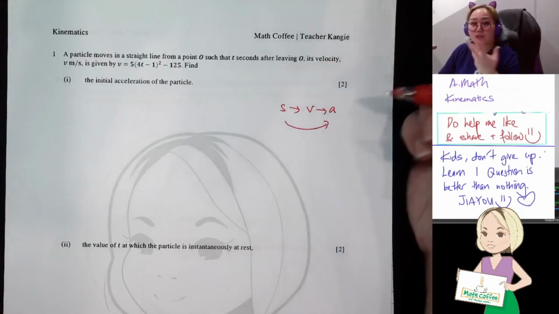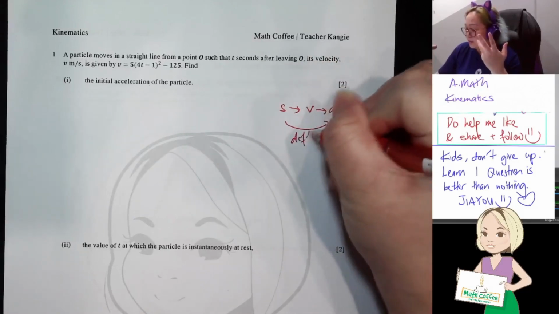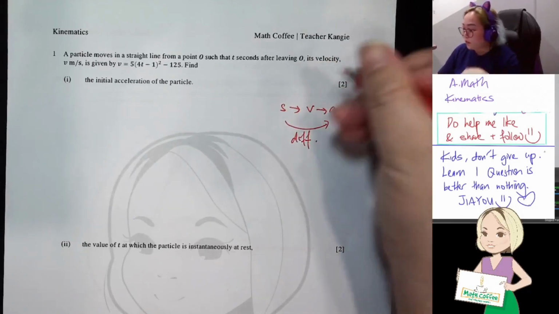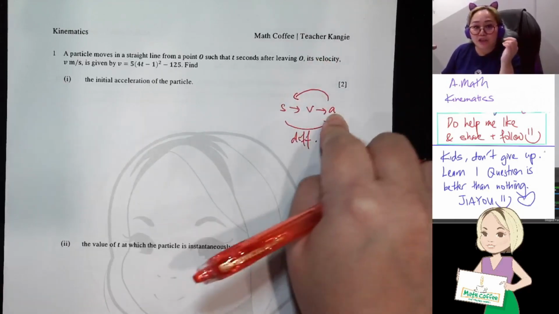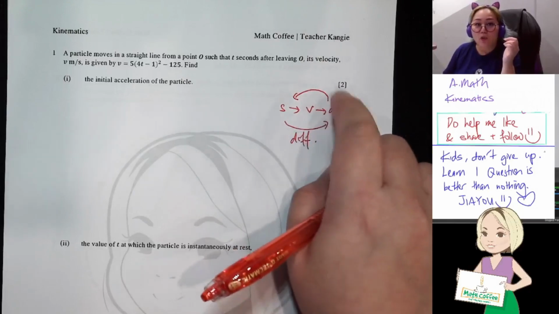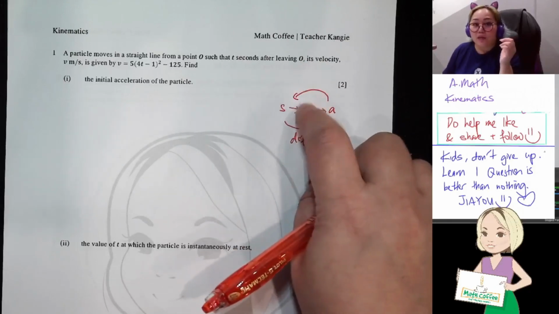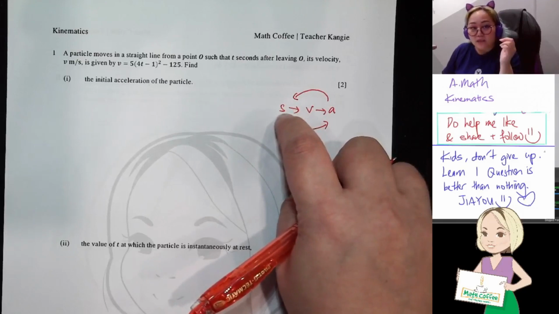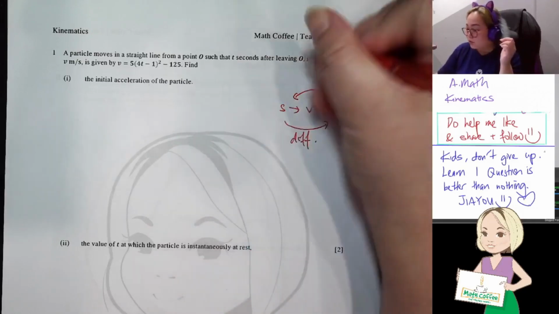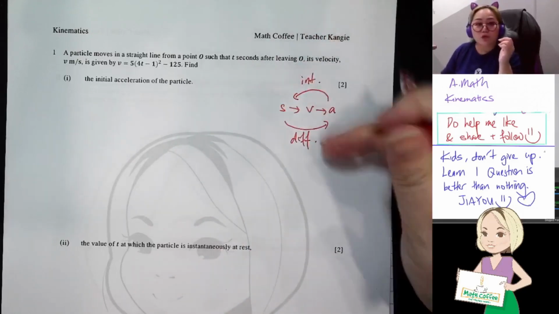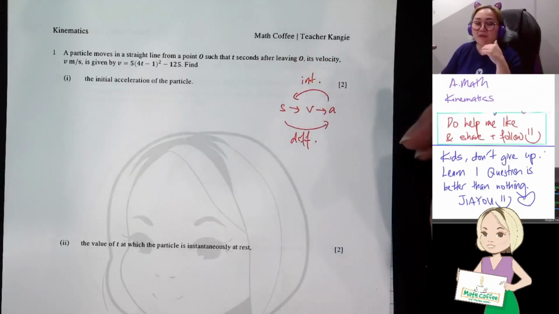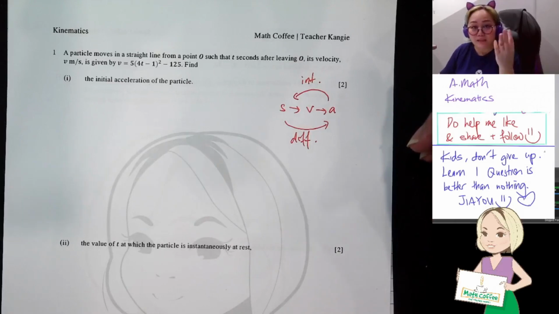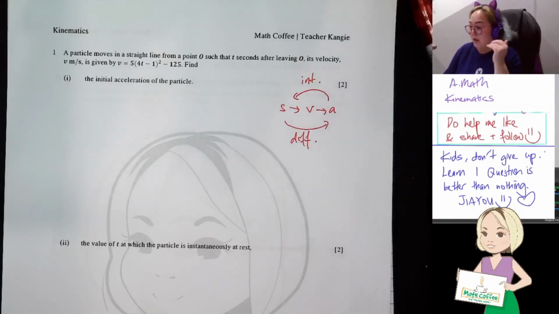So this direction is differentiate. When you go in the other direction, when you are given acceleration and you want to find velocity, you will have to integrate. You are given v, you want to find S, you have to integrate the v. So this side is to integrate. Make sure that whenever you integrate, there's always a plus C. That's a very, very, very critical part. Later part we will cover definitely.